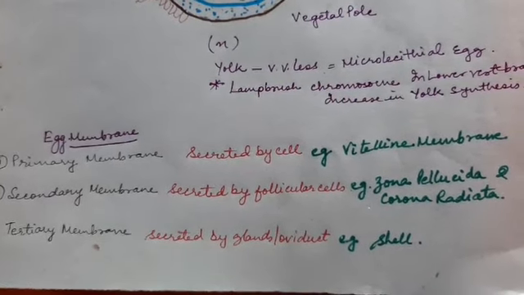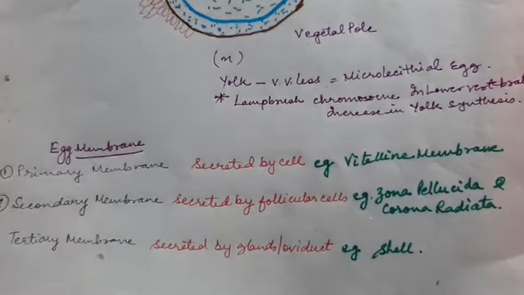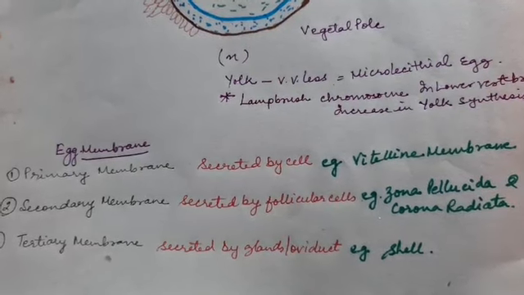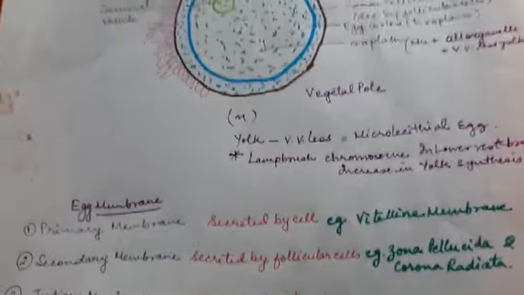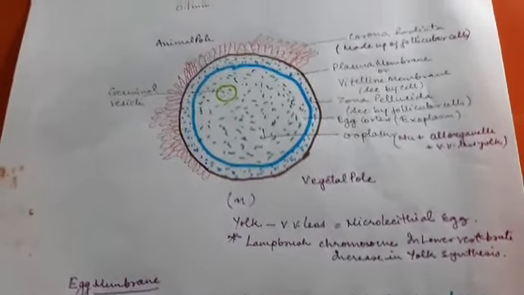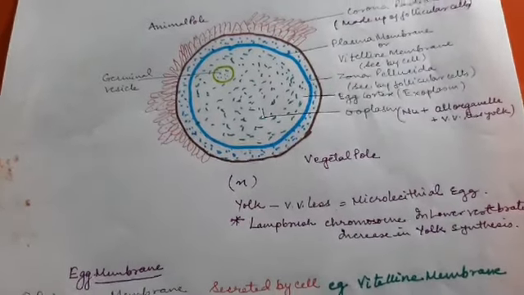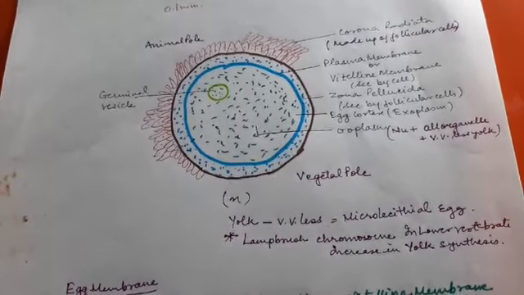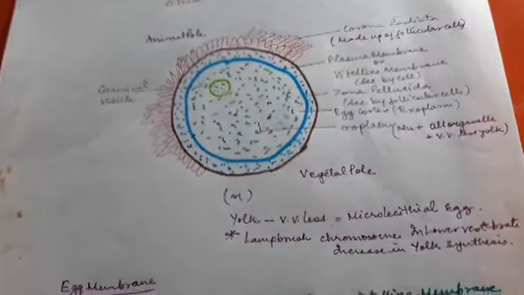The layer which is made up of follicle cells themselves is what we call here the corona radiata. These cells appear radiating out from the central part, and I have drawn it, though I have not completed the full part, but the entire part is filled with corona radiata follicular cells.